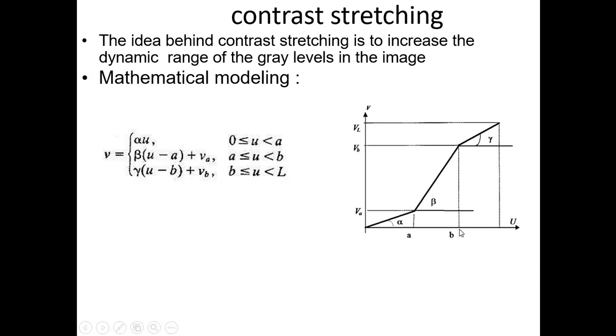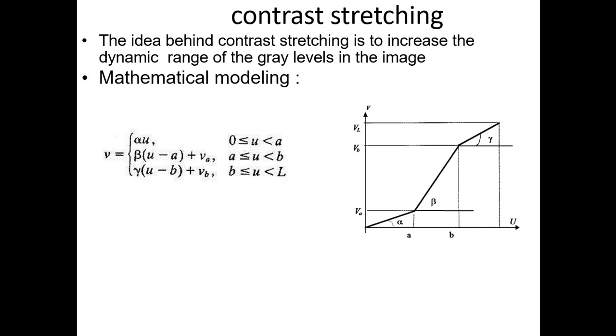It is starting from b, and therefore the vb is there, whatever gray level in the original image is there, it starts from vb. So vb plus gamma times (u minus b). This is the transformation for values of u between b and L.